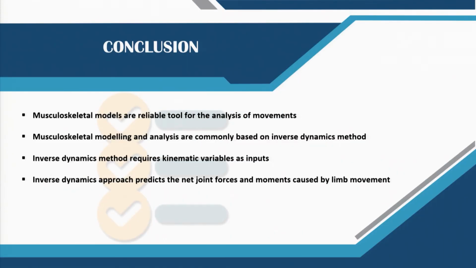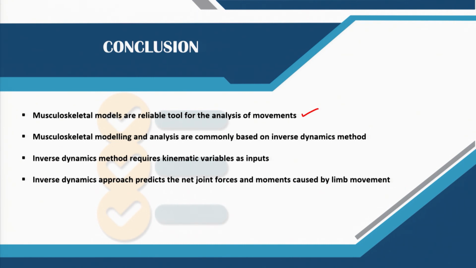Let us come to the conclusion of this lecture. The musculoskeletal models are reliable tools for the analysis of movements. We had also observed the same conclusion in the earlier lecture. Since this lecture is a continuation of the earlier lecture, we are now drawing the conclusions together.